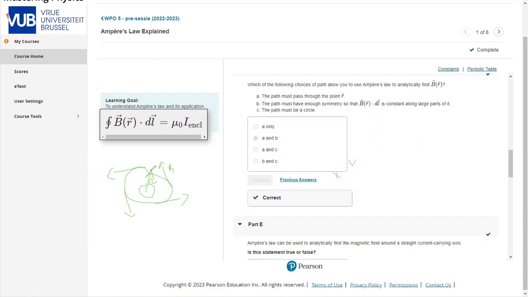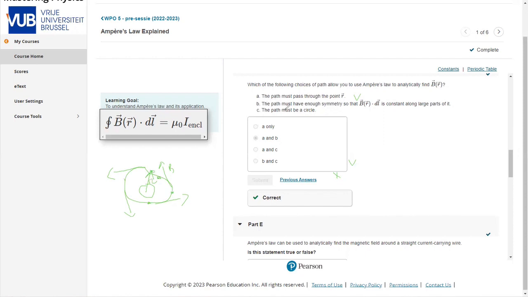The point is like here, it has to be here, on the bounded place. So situation one is correct, option A is correct.